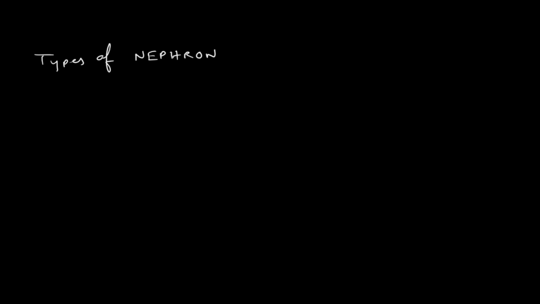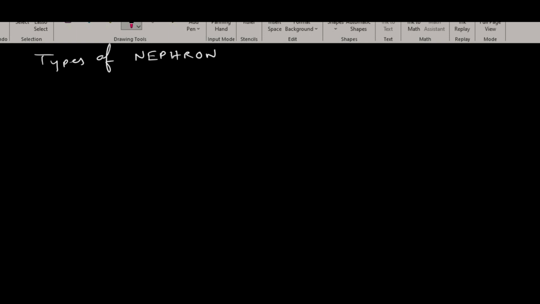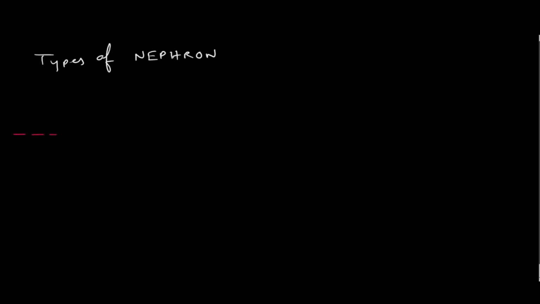Mainly the human kidney contains two types of nephron. Considering the partition of cortex and medulla, as I told you, this one is cortex and this one is medulla.